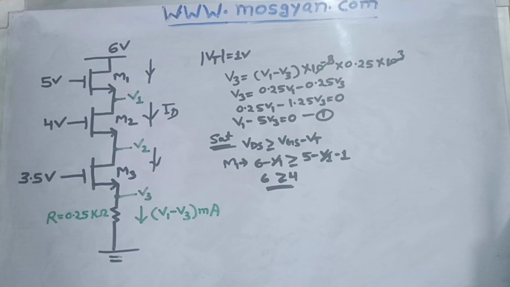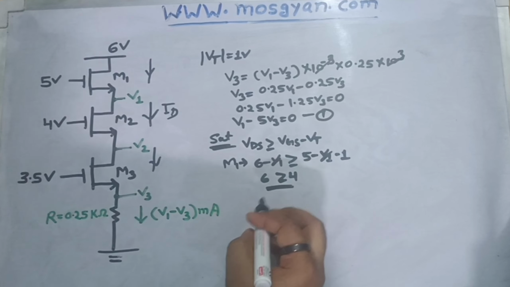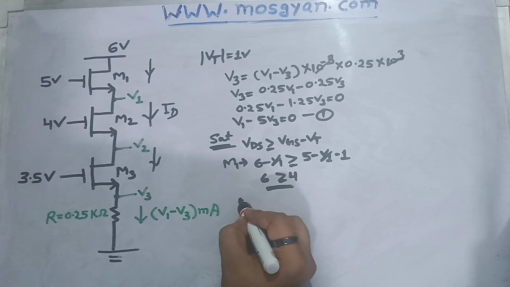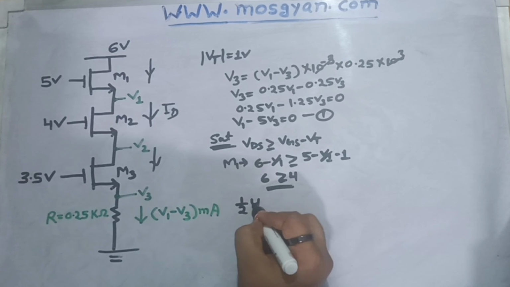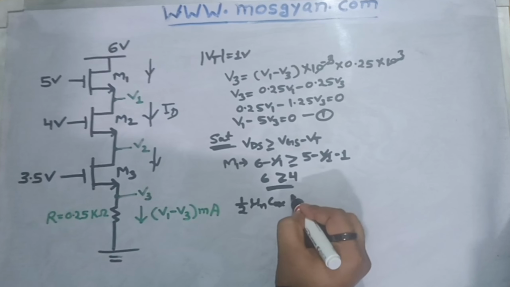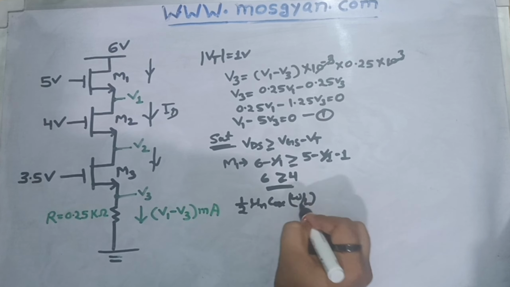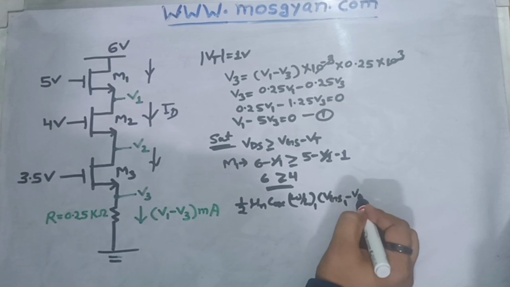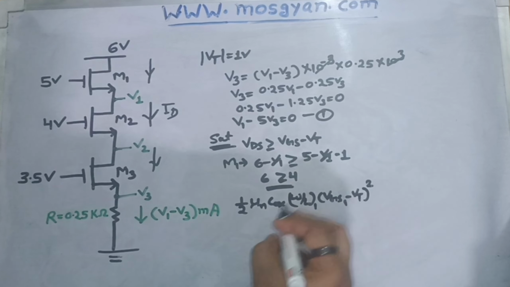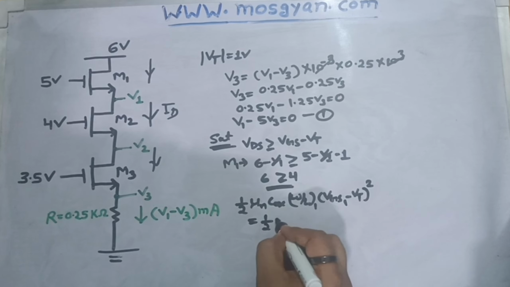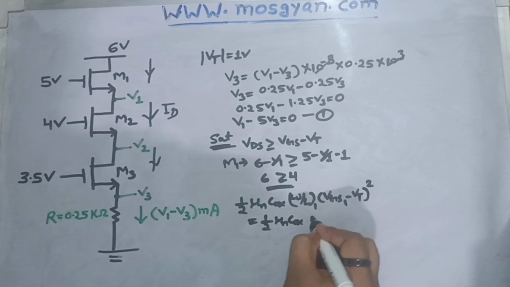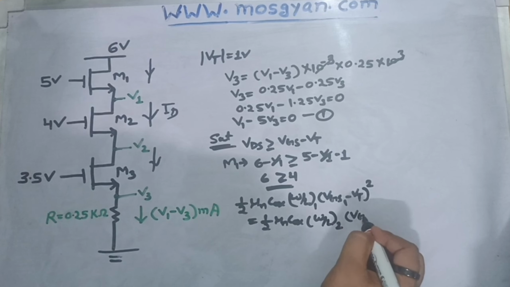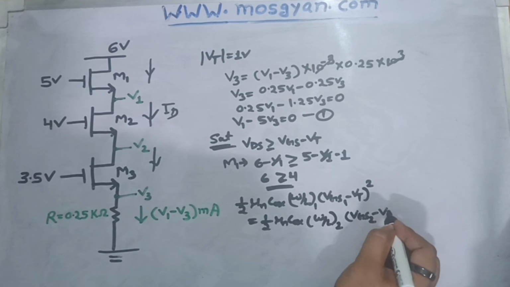So we know in saturation, if MOS M1 and M2 are having the same current, the saturation current, which is equal to half mu n C ox W by L of MOS M1 into VGS1 minus VT whole square, should be equal to half mu n C ox W by L of MOS M2 into VGS2 minus Vt whole square.